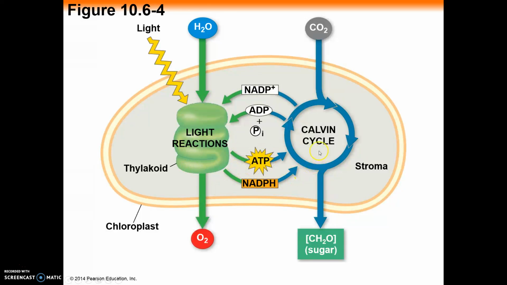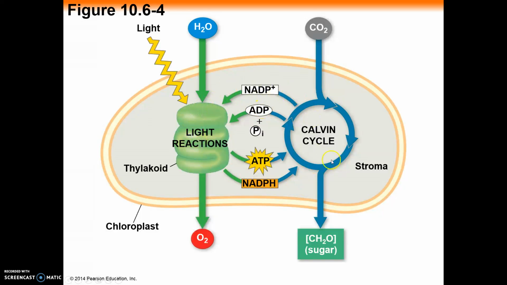Both of these can feed into the Calvin cycle, where we take carbon dioxide and start dumping electrons onto it, and that will ultimately produce sugars. From the Calvin cycle, we have the used NADP+, again just an alternative form of NAD+ that has a phosphate group, and we have spent ATP that can feed back into here.